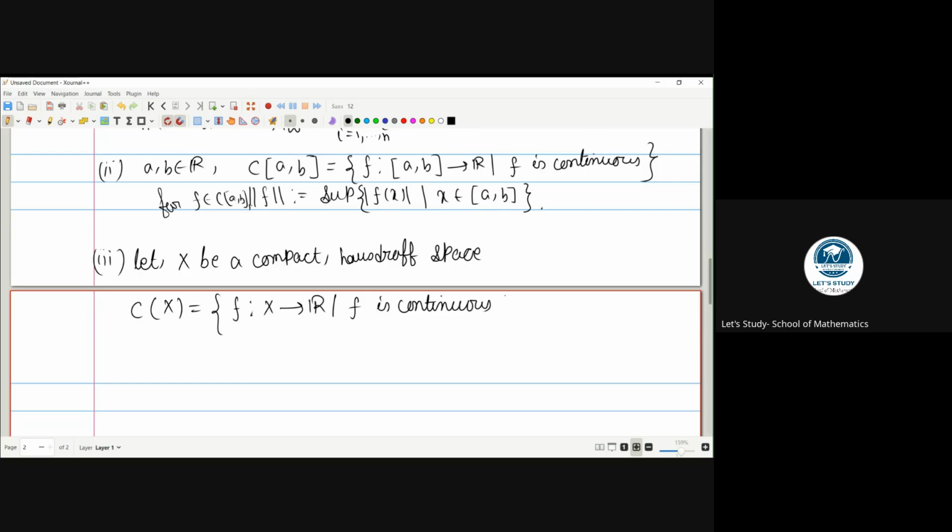In this way, we can also define a norm here. It is denoted by f infinity, and it is denoted by the supremum. Okay, is it clear?